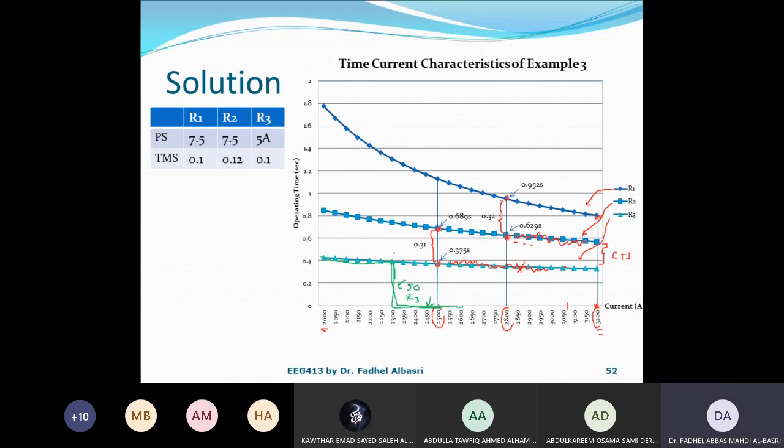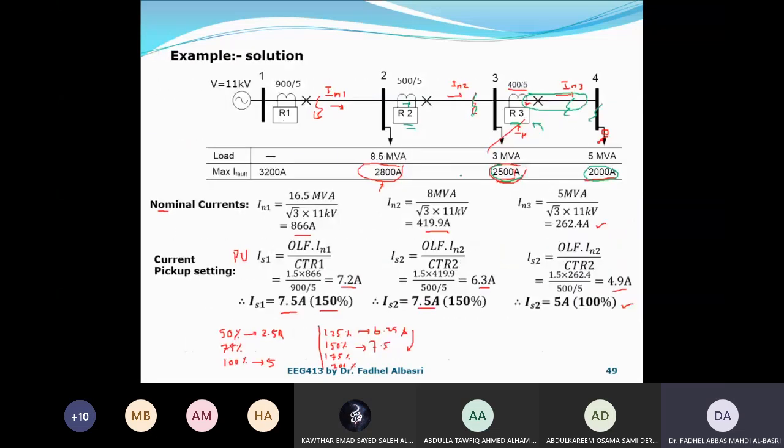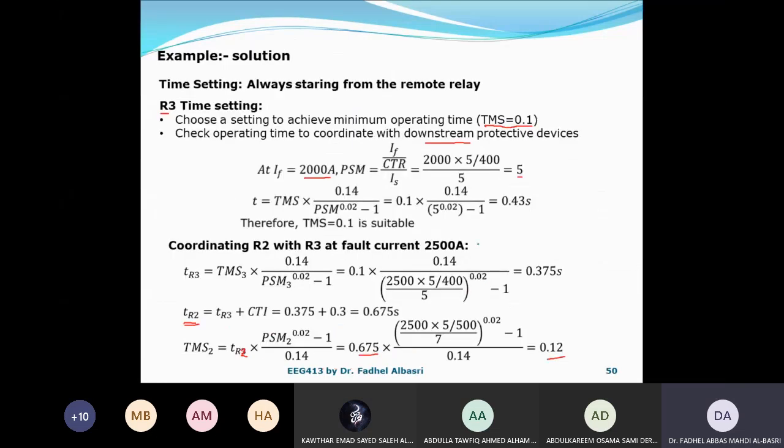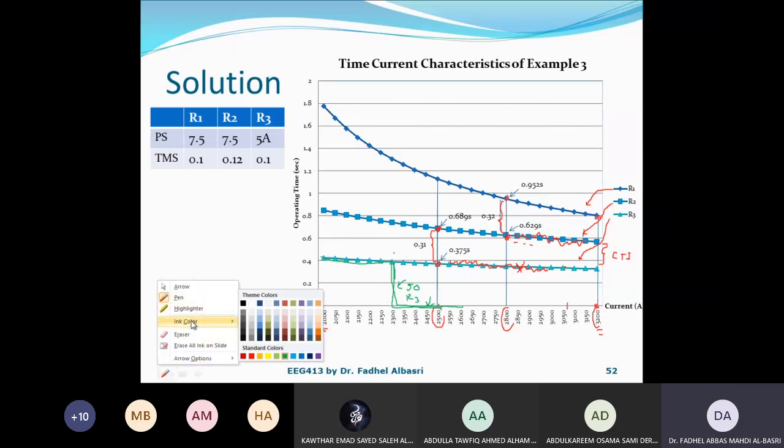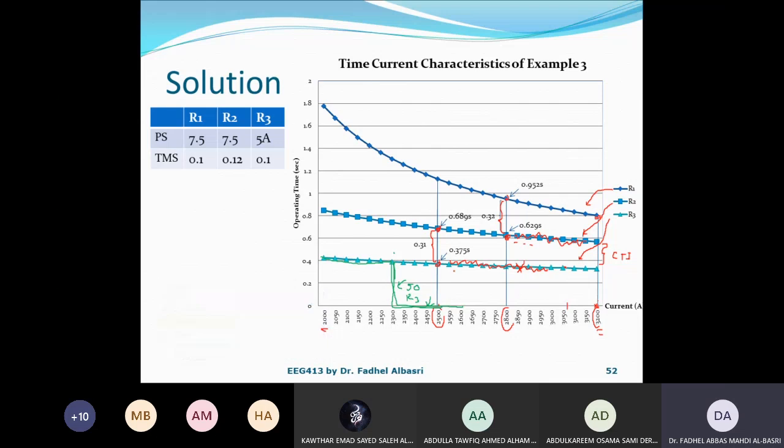Similarly, here R2 shouldn't wait for R3 if the fault is higher than 2500. Suppose at 2600, which is this one, this relay shouldn't wait for the other relay. So 2600 somewhere here.